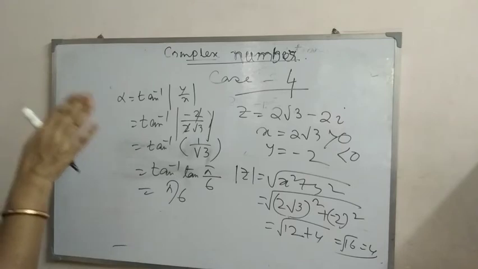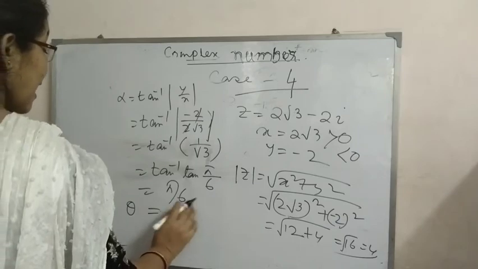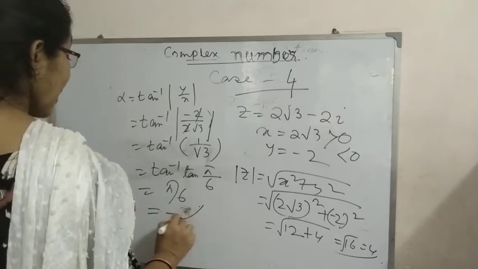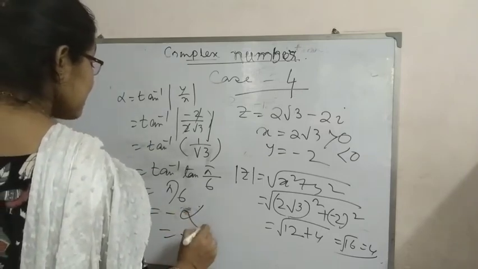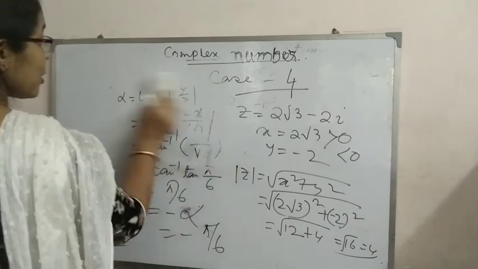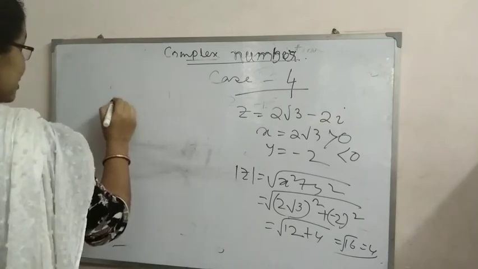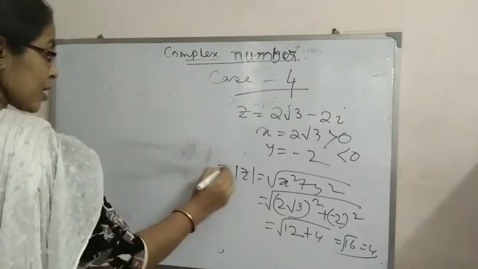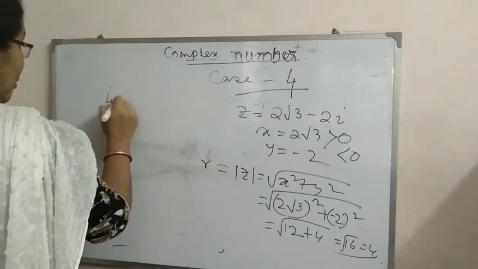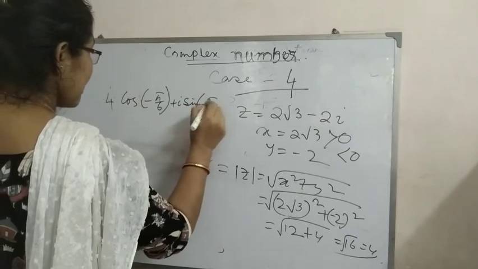Since P lies in the fourth quadrant, theta, that means argument z, equals minus alpha, that is minus pi by 6.